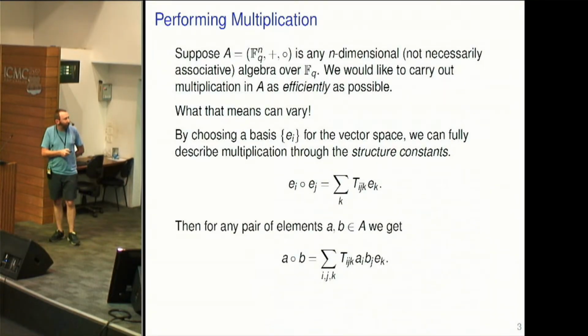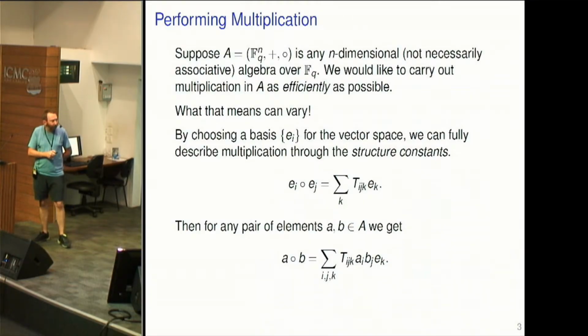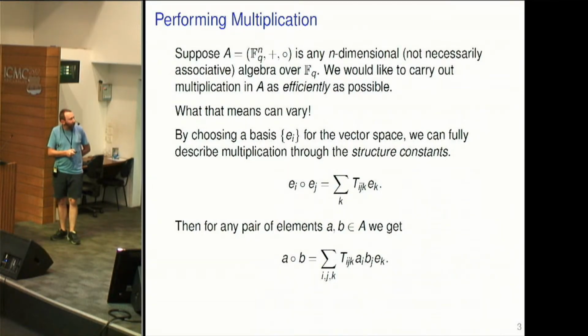And so, for example, to form a product of two vectors A and B, we could do it in this way. We've got a bunch of products of the coordinates of the vectors, and then these structure constants out the front. So you might say, well, we've got maybe n squared products of these things, and then a certain number of additions to do.